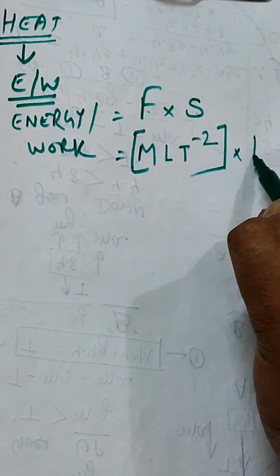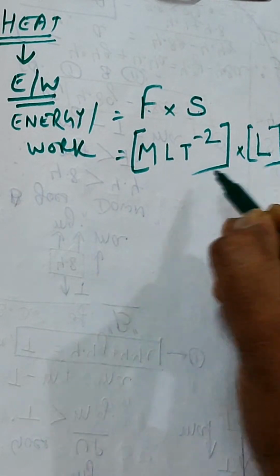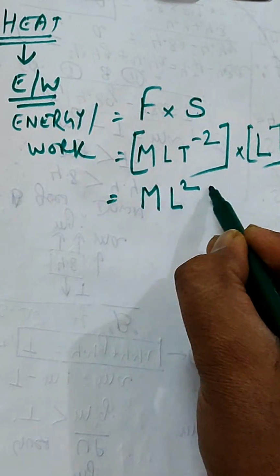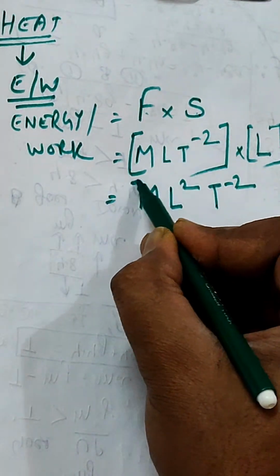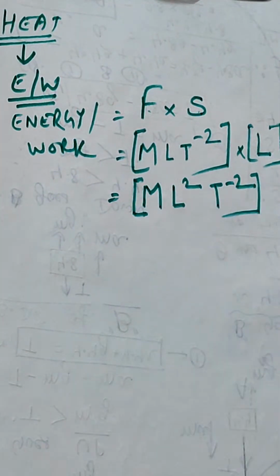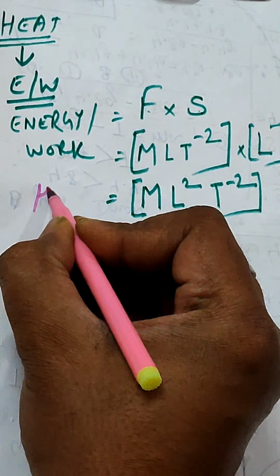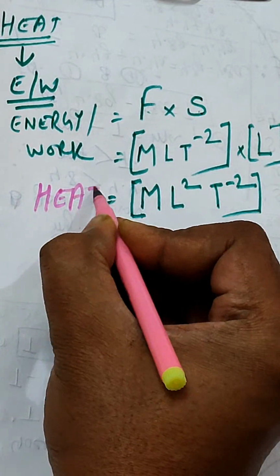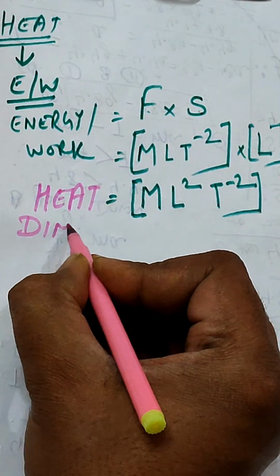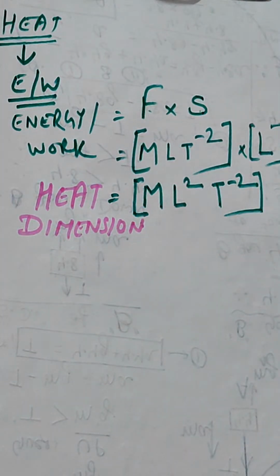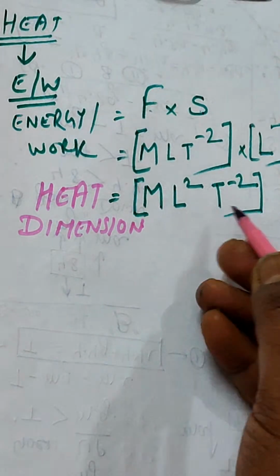So it will be coming as ML square T minus 2. This will be the dimension of heat, ML square T minus 2.